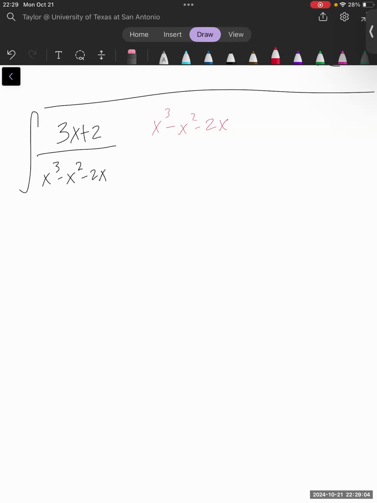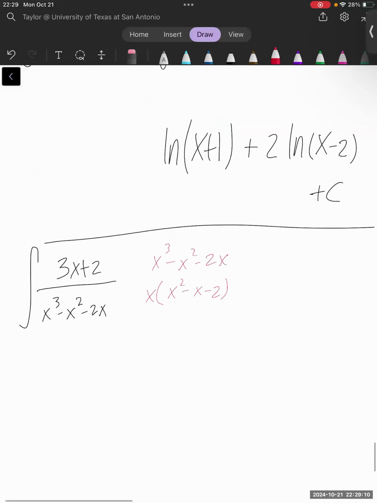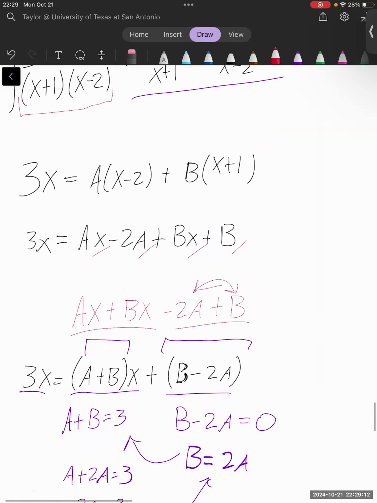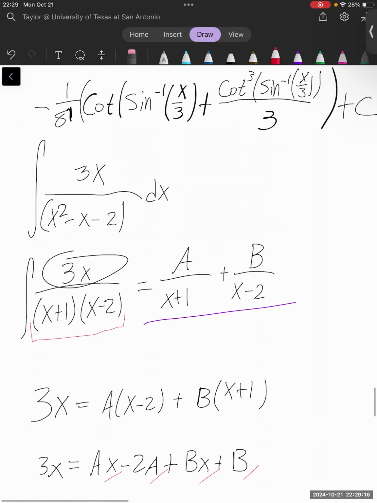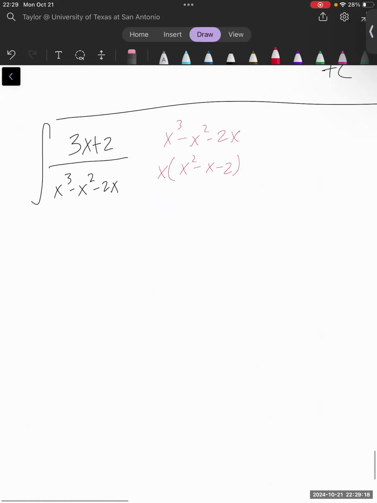I can pull an x out, so I have x squared minus x minus 2. I think. Yep, exactly what I thought. So what we get here is x times (x plus 1)(x minus 2).